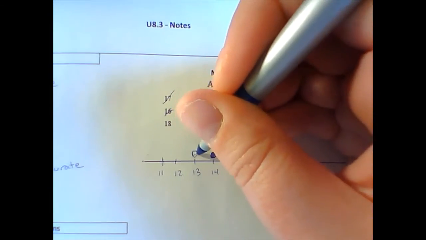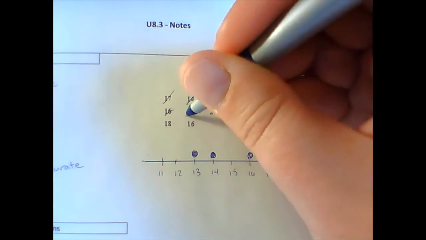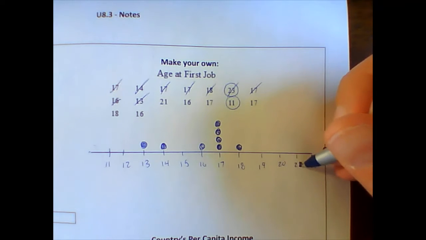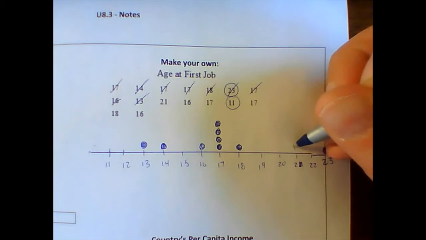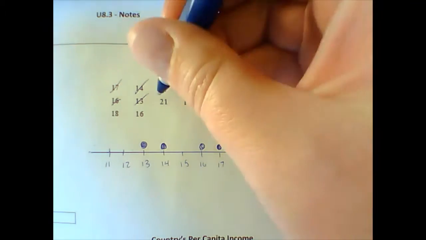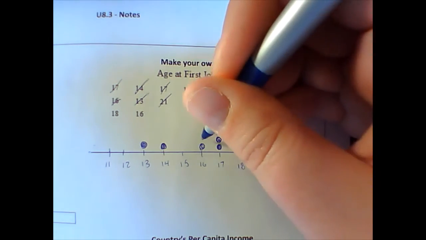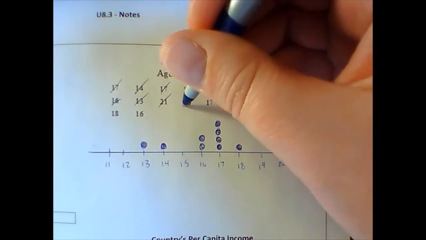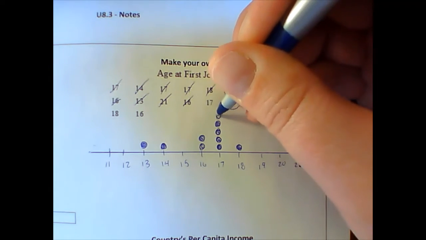13. 21. Apparently I've decided that 22 is a mode and will repeat on this table. Change that to 21. Okay, we've got another 16, so you just make another dot, and you just make a tower, basically. If you've already got a dot there, you start building a tower.